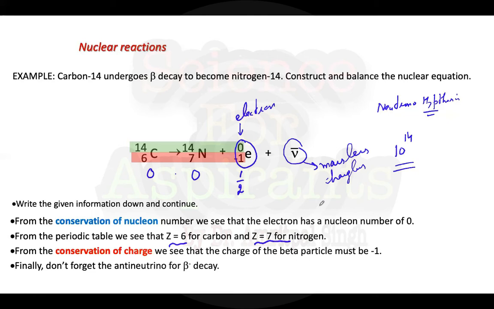So it is very difficult to detect neutrinos. The neutrino discovery was done by two Americans, Reines and Cowan, in 1956, for which they got the Nobel Prize.